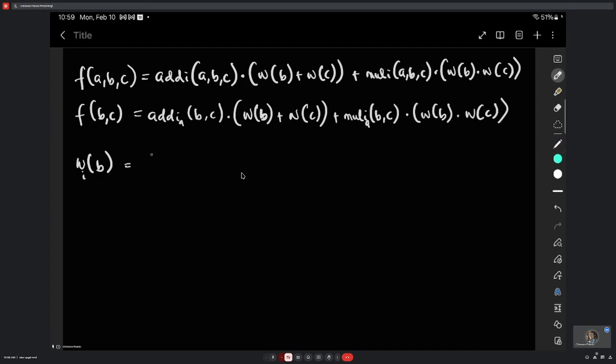When you say WI plus 1, are we not supposed to be going down instead of up? Sorry. WI is related to WI plus 1. Yeah, sorry, that's WI and WI minus 1, where we're going down.